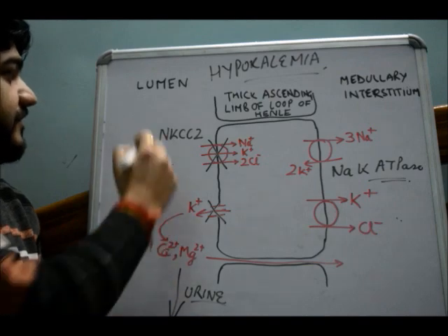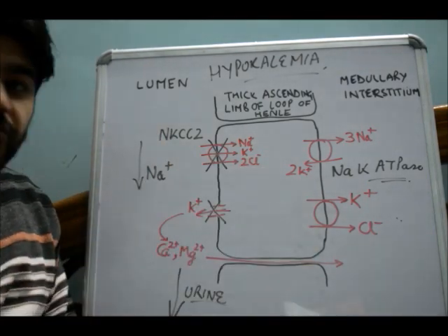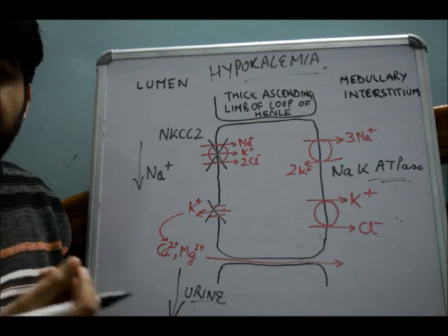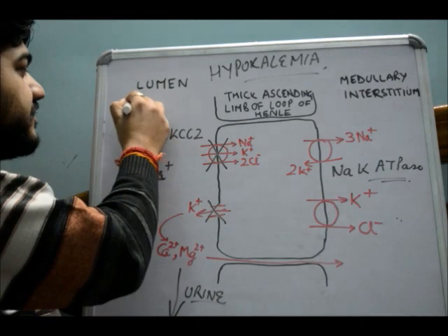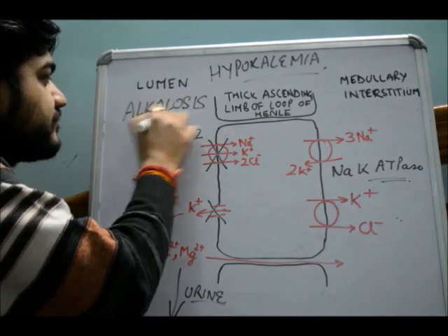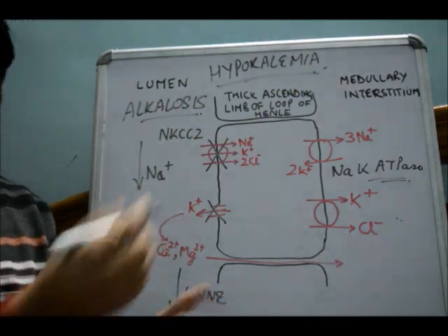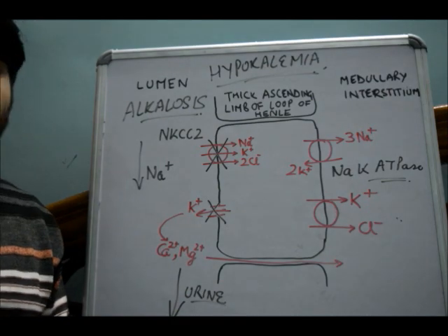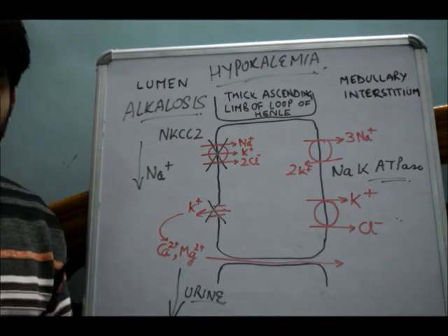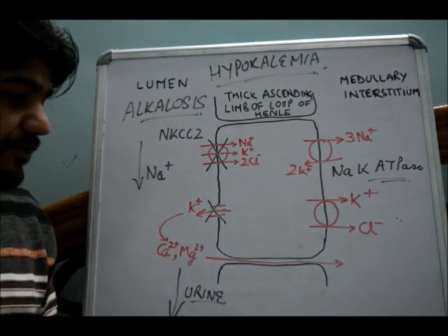And another thing is, since hydrogen ions are also lost, and hydrogen is acidic, whenever hydrogen is lost, another thing that can happen is alkalosis. So these two are very important adverse effects which you can see with this agent, these loop diuretics.